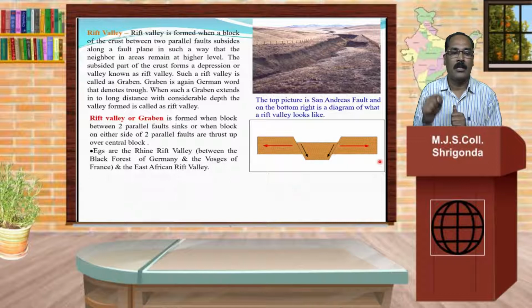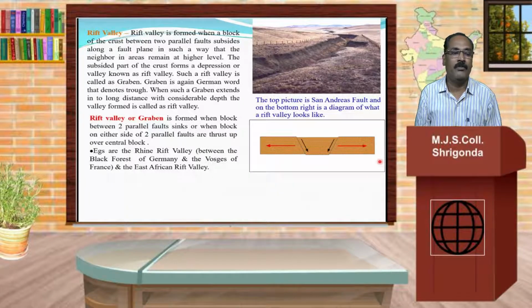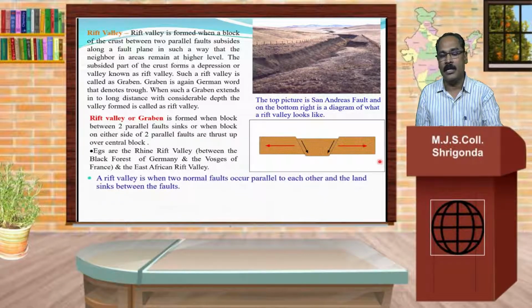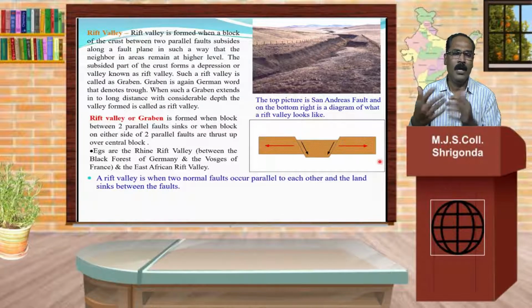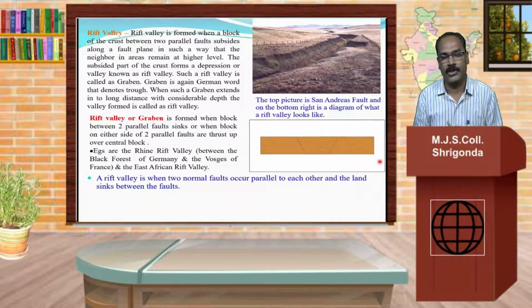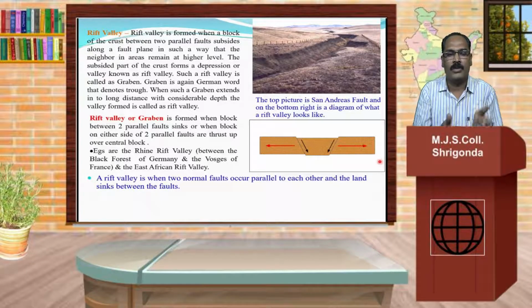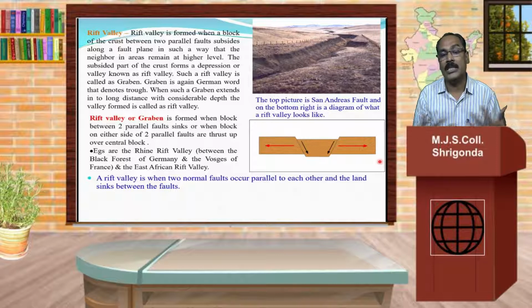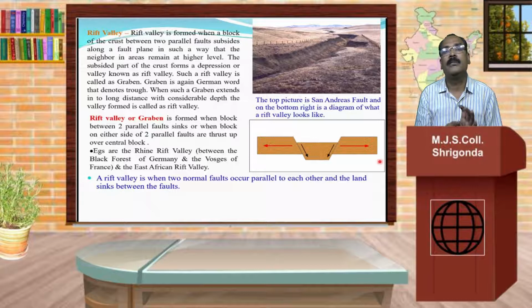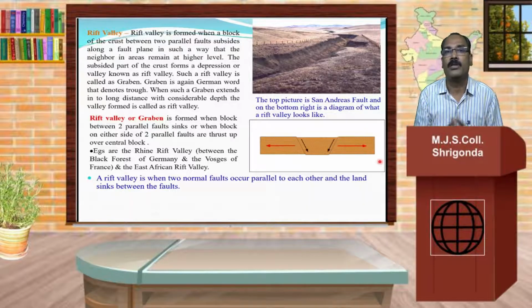Examples are the Rhine Rift Valley between the Black Forest of Germany and the Vosges of France, and the East African Rift Valley. A rift valley is when two normal faults occur parallel to each other and land sinks between the faults.